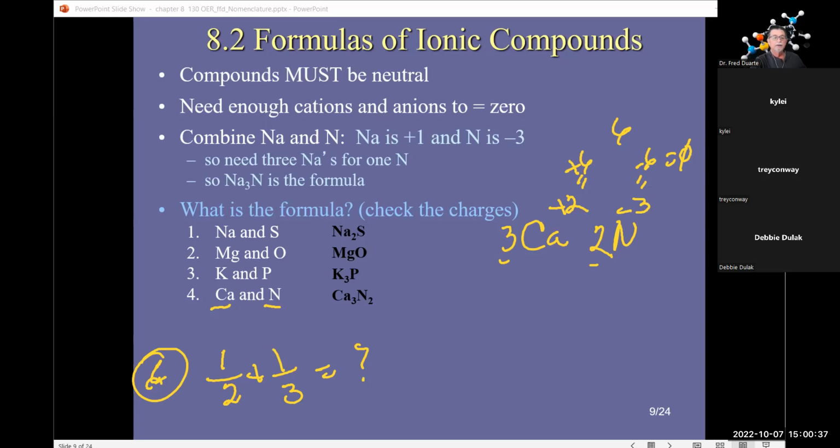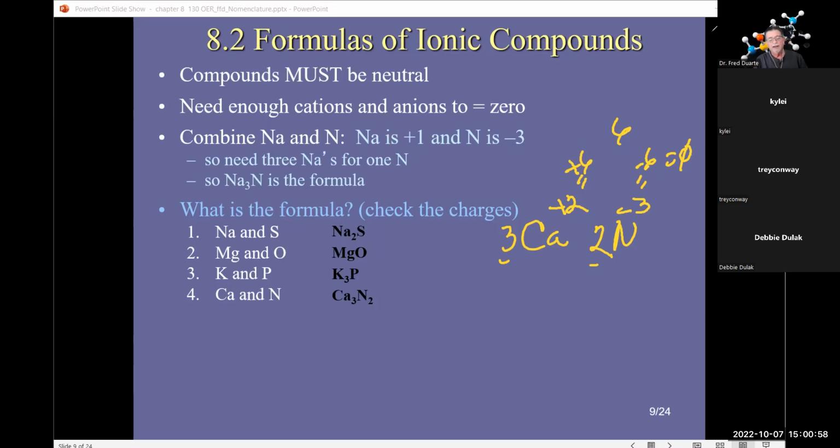Now, there's a little, I don't want to call it a trick, but if you observe something, it's a tool you can utilize to help you look at a glance how to write the formula. Let me change the color here.